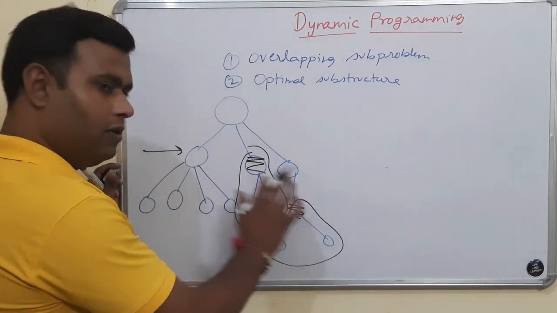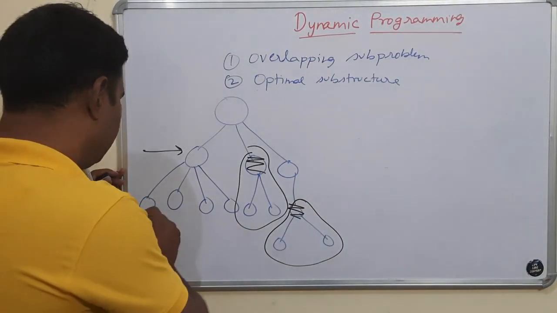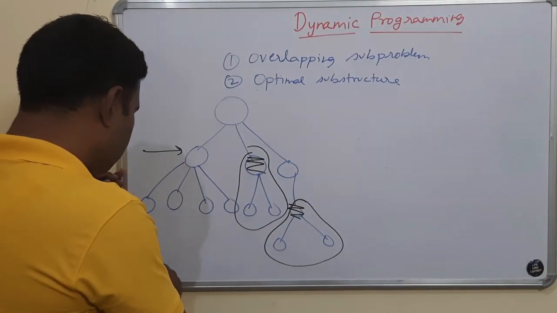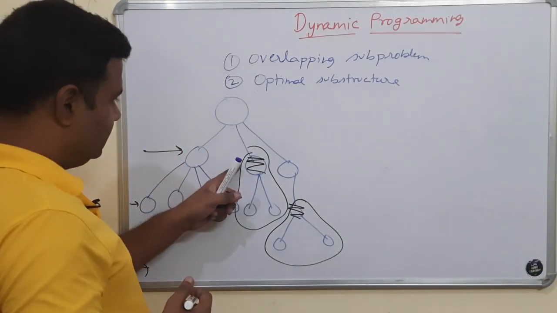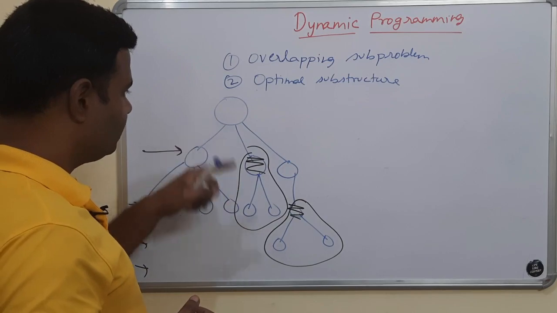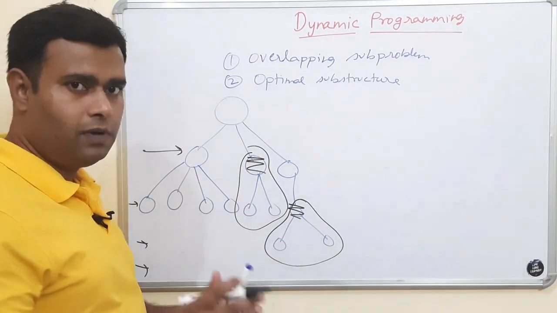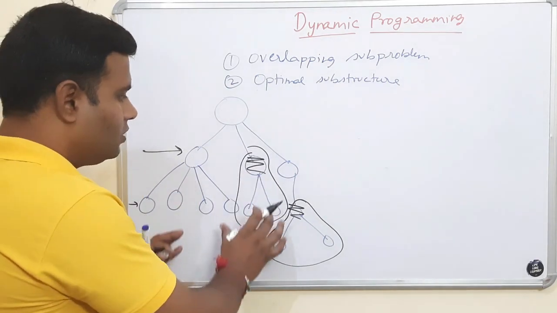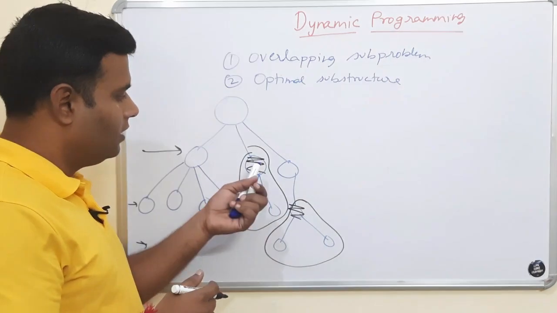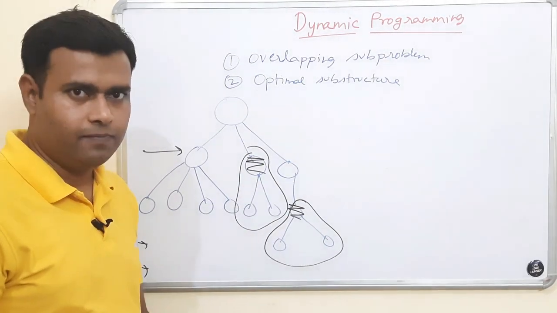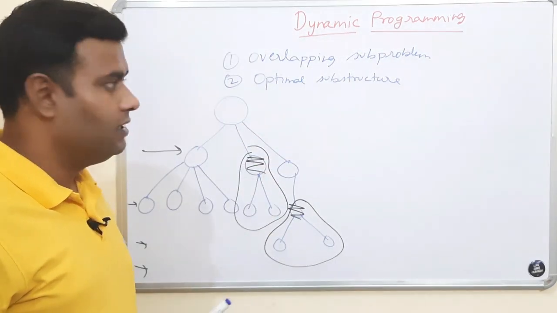It can be at further levels as well. We can divide it in a hierarchy, say this is the second level and this is the third level, and this subproblem and this subproblem are the same. So instead of solving twice, we can solve once and use the result the second time.